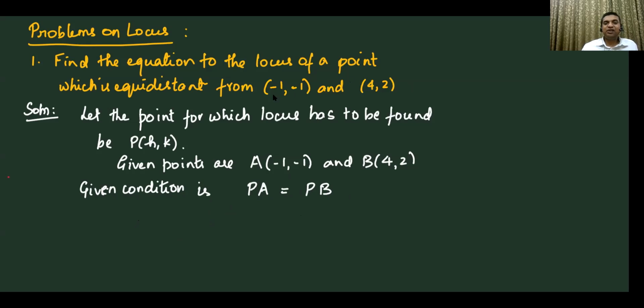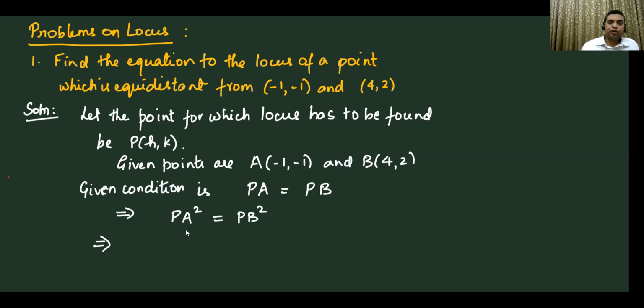Locus of a point which is equidistant from 2 points. So we apply P and A distance is equal to P and B distance. So what will this give? Now we know that the distance formula is under root, right? Now to eliminate the under root, we can square both sides. PA square will be equal to PB square.